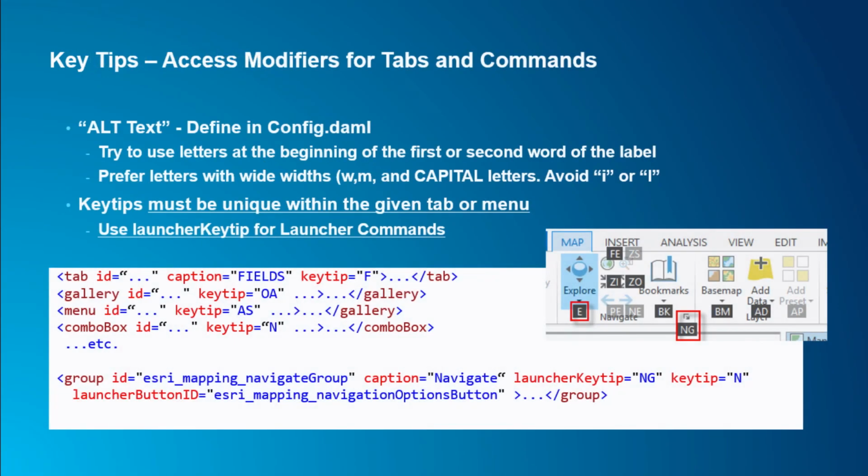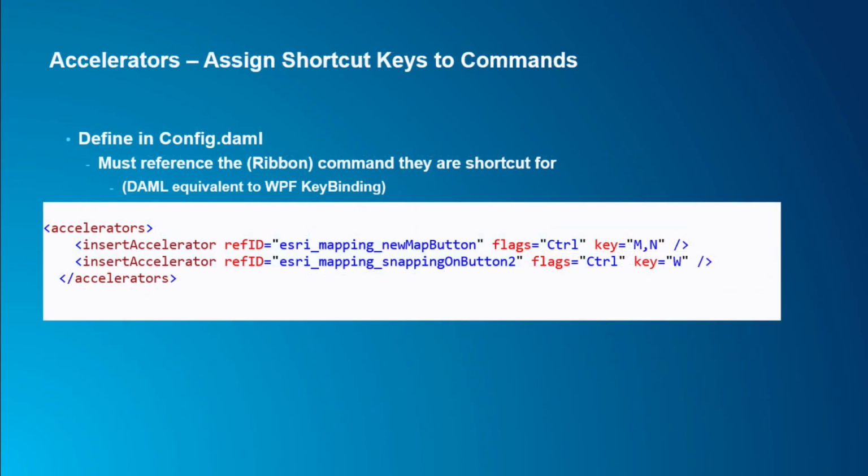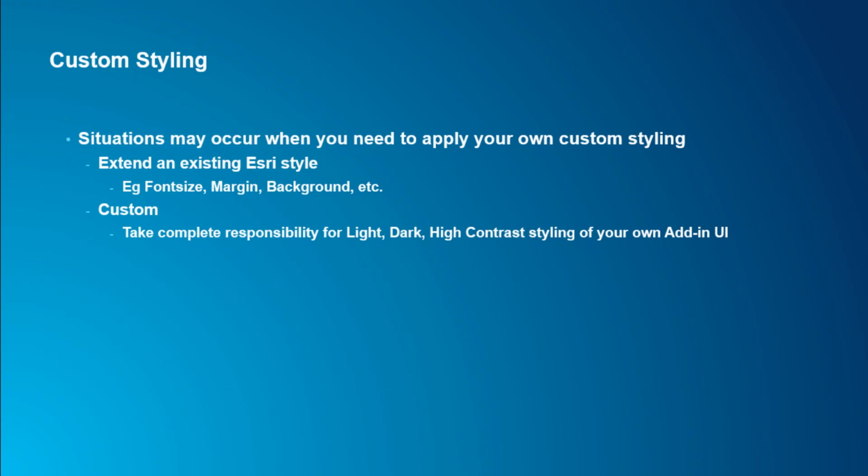Okay, so alt text kind of covered that. That's the key tip. Then the accelerators, got an example there in the slides. We saw how to do that. Okay, so this leads us to our final topic. There may well be situations where the out-of-the-box styles are not sufficient for your purposes, and you need to modify them.